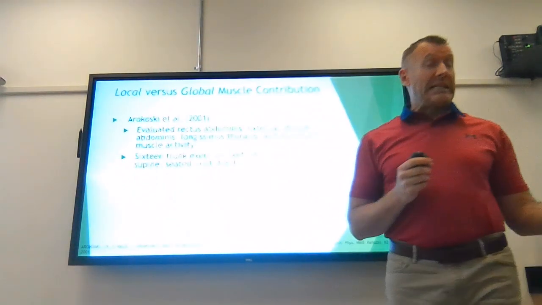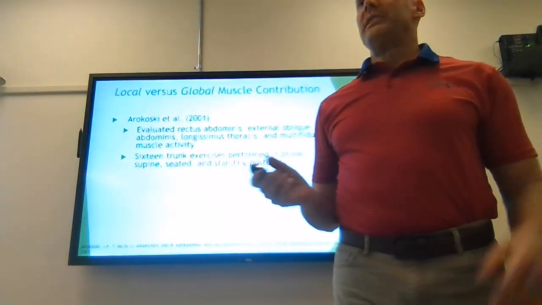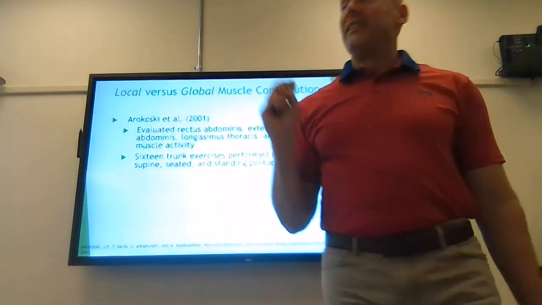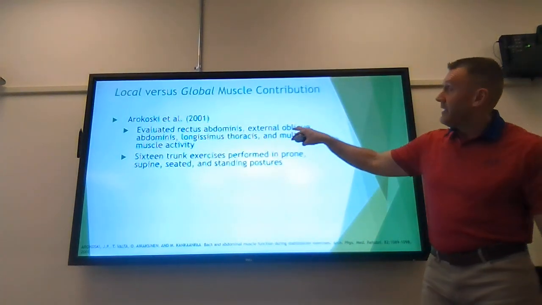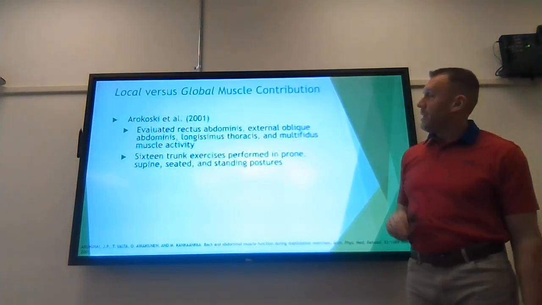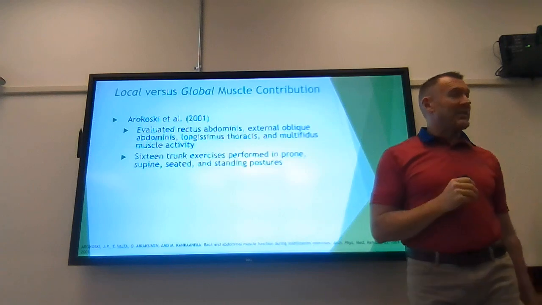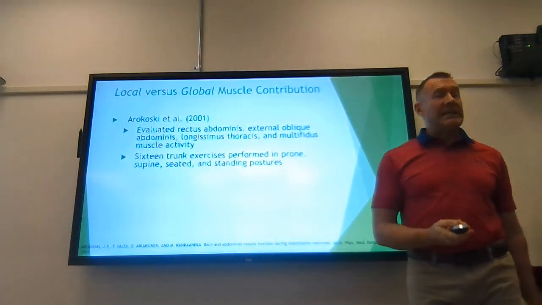That's a big study. In our labs, we did EMG on 2 muscles and 2 exercises. These guys did 4 muscles and 16 exercises, performed in prone, supine, seated, and standing.